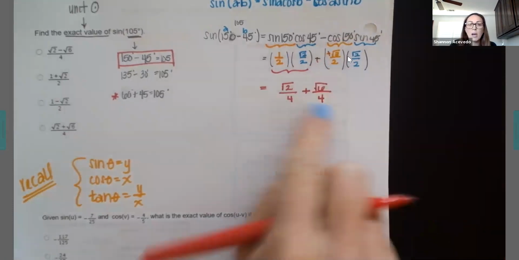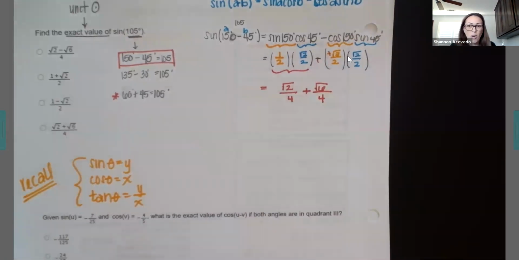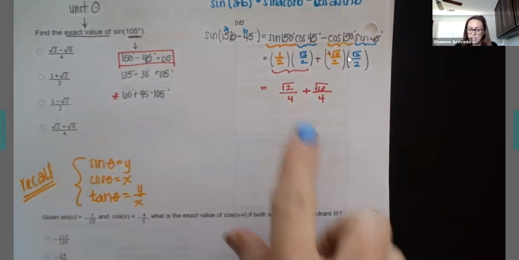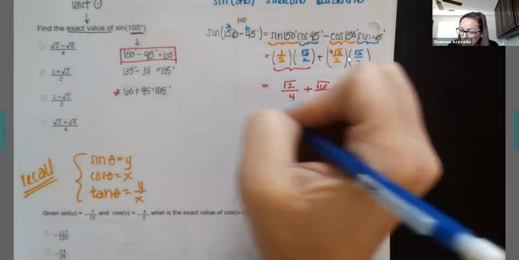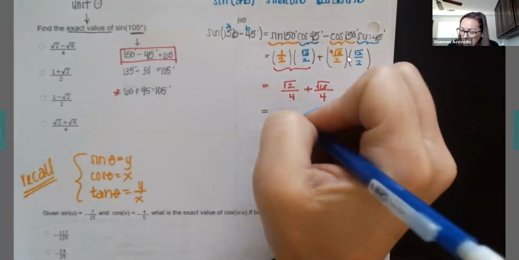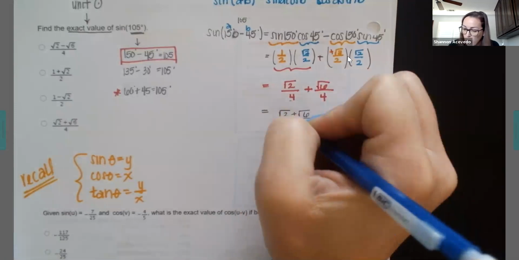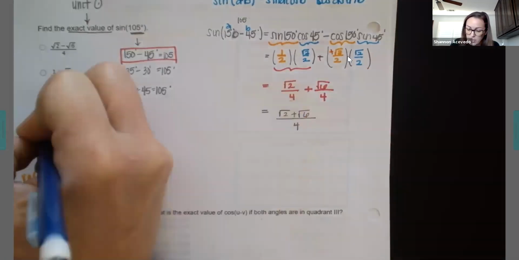They have a common denominator. You're going to see that happen all the time. That's going to be the majority of your problems, unless you're starting to use your tangent stuff. Otherwise, you're always going to have the same denominator. So if they have the same denominator, I can write it as one fraction: square root of 2 plus the square root of 6 all over 4. And there's your answer right there.